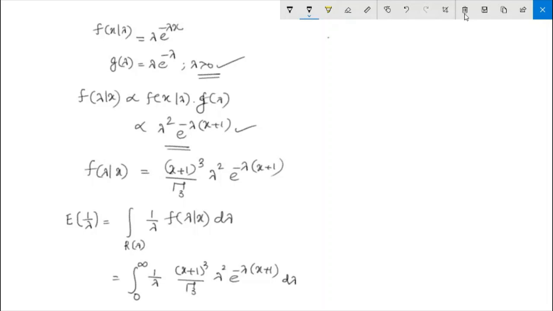The integration is with respect to lambda, so we can take x plus 1 that whole cube by gamma 3 outside. Integral 0 to infinity lambda power 2 minus 1 e power minus lambda into x plus 1 d lambda.